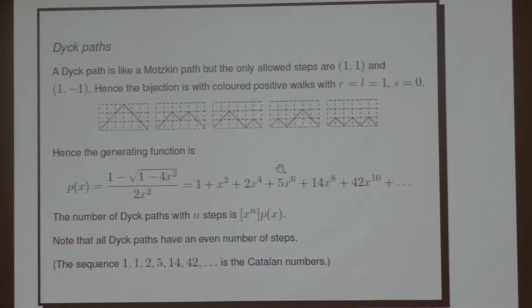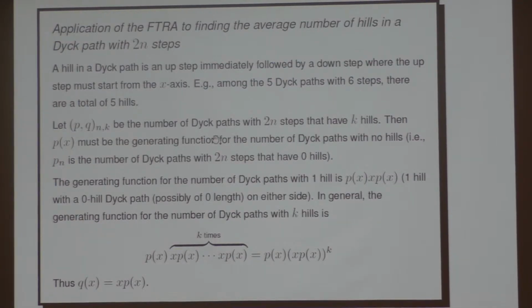So for example, in this case, n equals 3, because we've got 2n is 6. In this case, the number of Dyck paths with no hills would be 2. So p3 would be 2. Now the generating function for the number of Dyck paths with 1 hill, it turns out, is p times x times p.